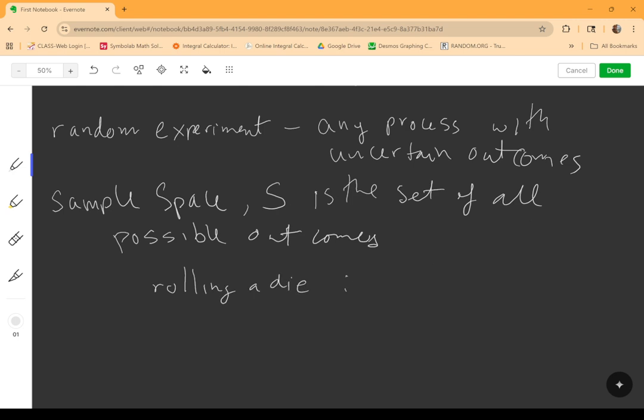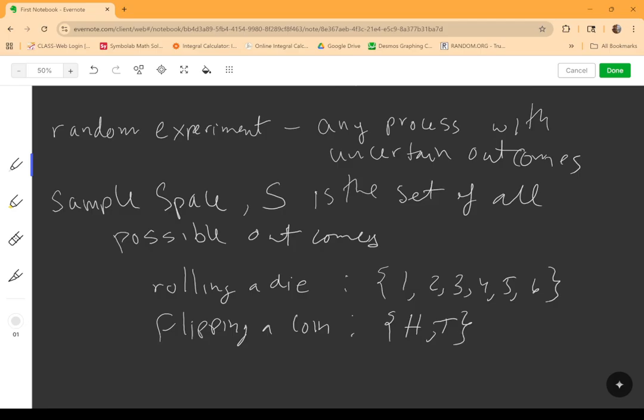A normal die, six-sided, a cube. So the sample space is 1, 2, up to 6. Think of flipping a coin. Heads or tails is my sample space.